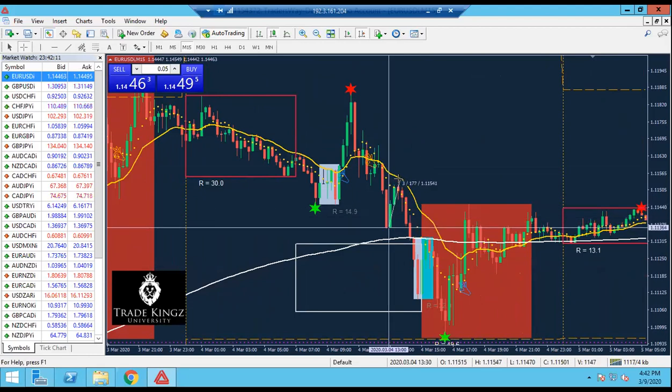The pullback might have been like 17 pips, but you would have gained about 40 pips off of this move because you trail it down to either the take profit area, which could be the 200 or really the previous day low, which is your royalty lines. Your royalty lines can be take profit areas.